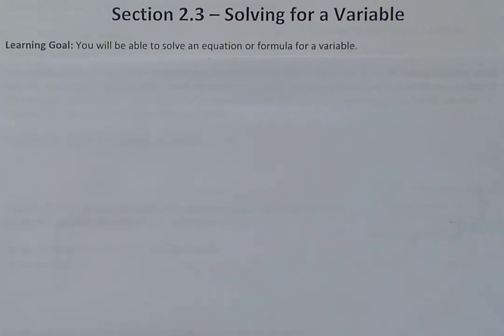For today's lesson, we're going to be taking a look at section 2.3, which is going to deal with solving for a variable. So we're going to continue our exploration through solving, except today we're going to be solving for a variable, which at first may sound normal because we usually solve for x or y or whatever letter.